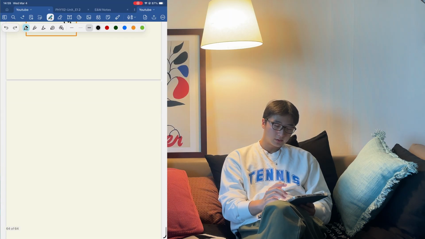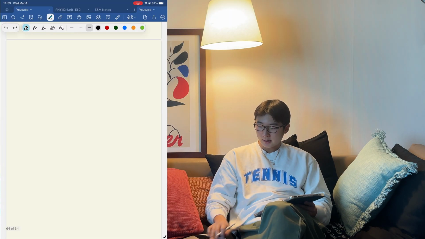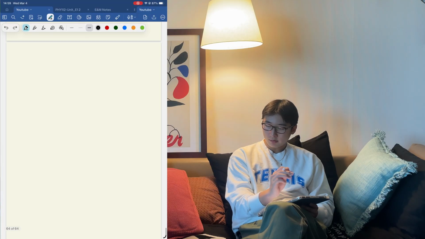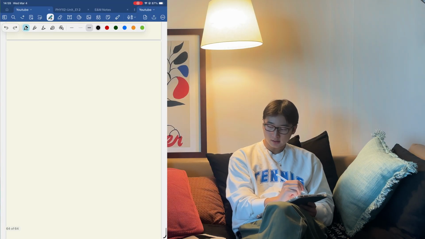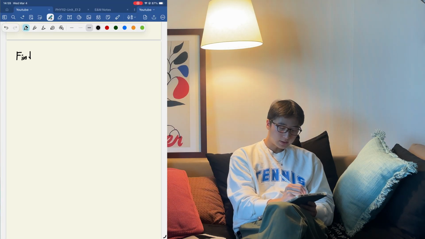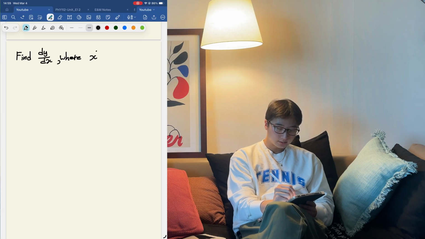Remember, for example, in single variable calculus, let's say we are given a problem where it's saying find dy dx, where x cubed minus y cubed is 8 times x times y.